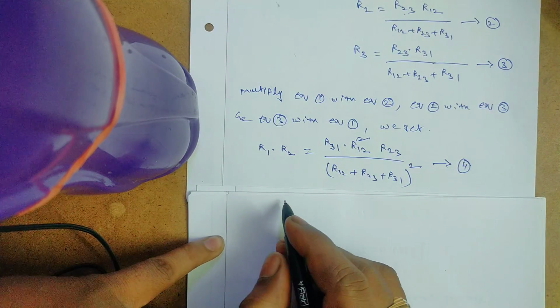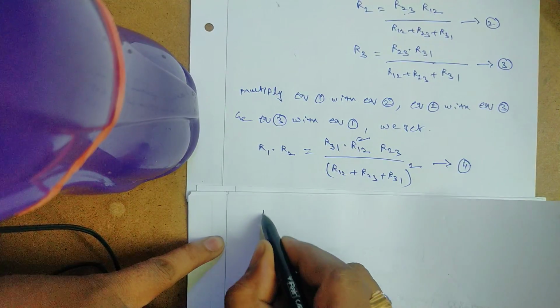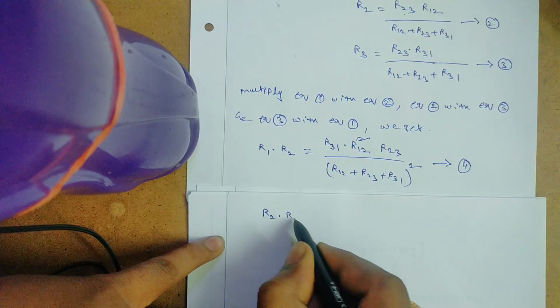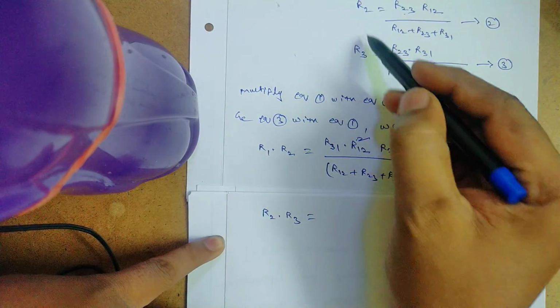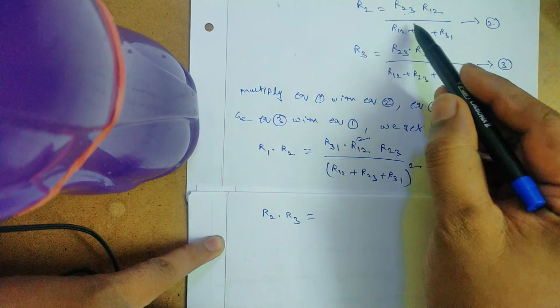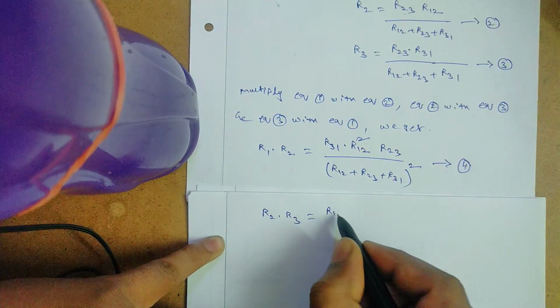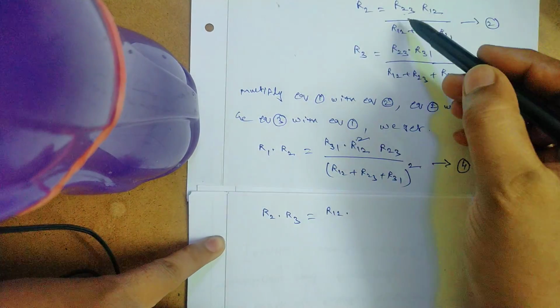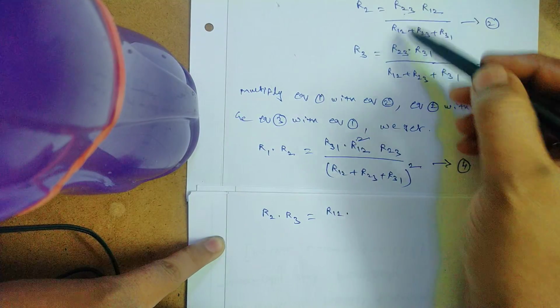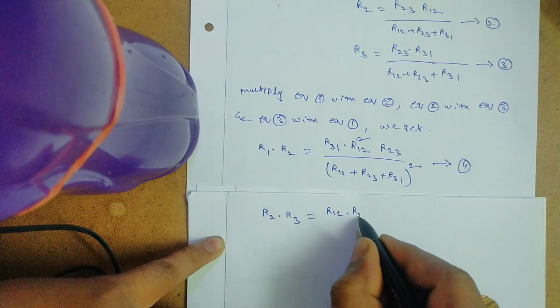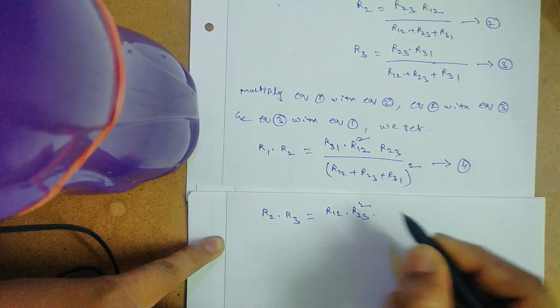Now we multiply equation 2 with 3, we get R2 into R3 is equal to, you see here the numerator, R12 into R23, 2 times, then R23 square into R31.